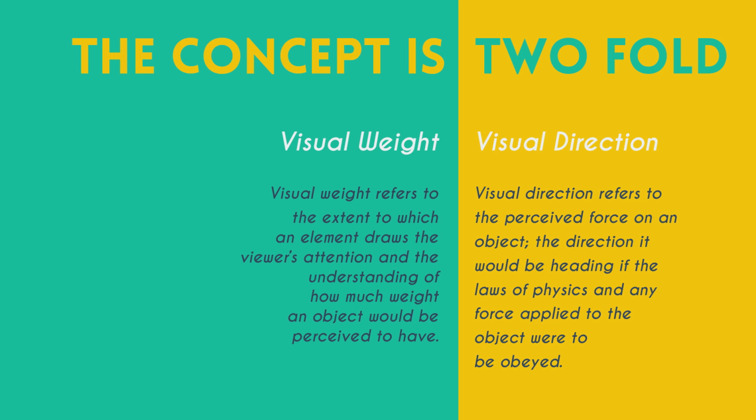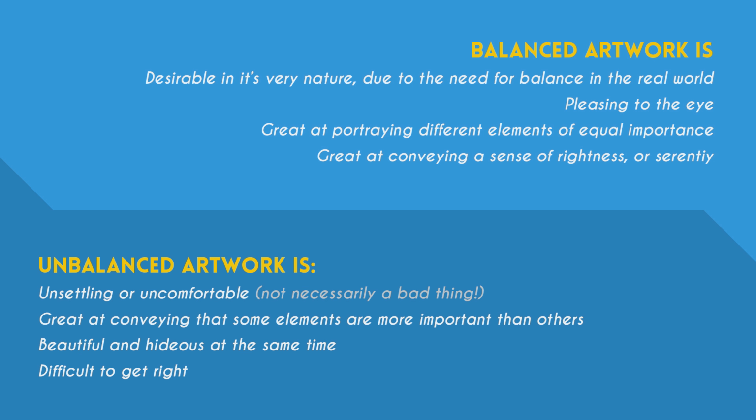Whereas visual direction refers to the perceived force on the object. And what that means in simple terms is, if that object were real, what direction would it be going in? How fast would it be traveling? If the laws of physics applied to this object, how would it be moving? And how would those forces interact with it? That's what I mean by visual direction.